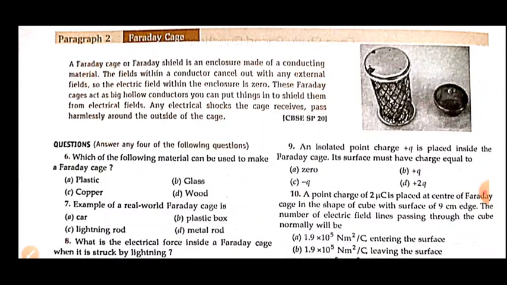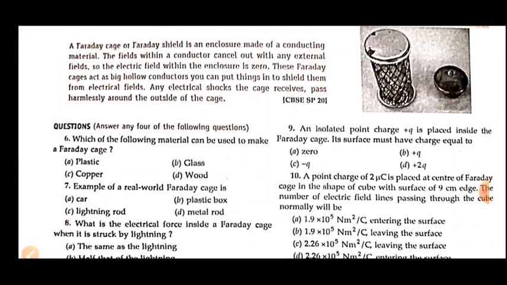So if we put any instrument inside such a cage, that time it will be safe from lightning, safe from the electricity impact. So this is called a Faraday cage. And this question was in the last sample paper issued by the CBSE in the 2020-21 session. So you can see it is given here. So let's discuss this case.